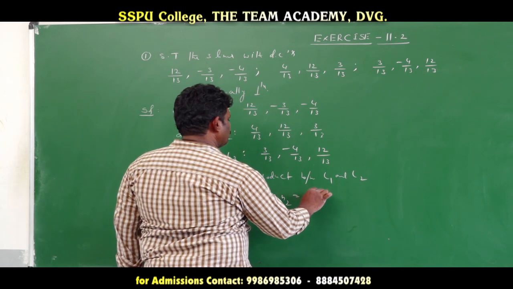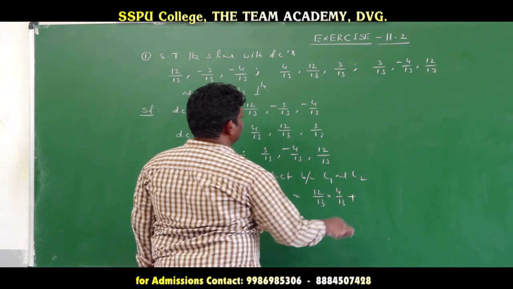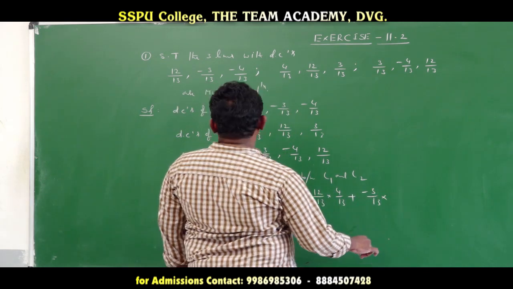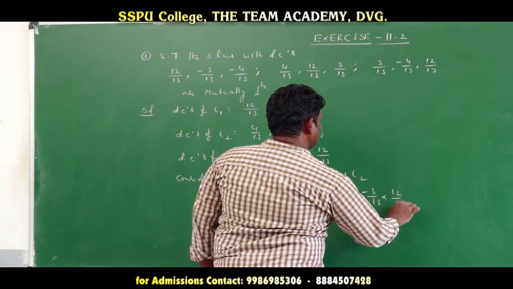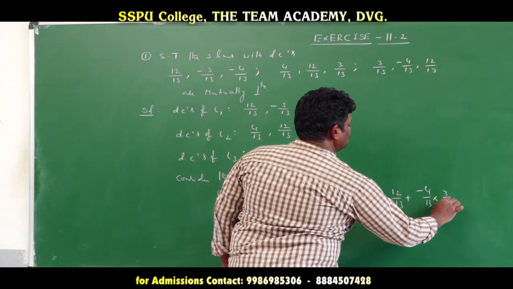L1 L2 means 12 by 13 into 4 by 13, plus minus 3 by 13 into 12 by 13, plus minus 4 by 13 into 3 by 13.